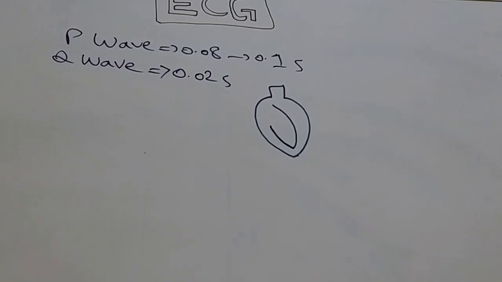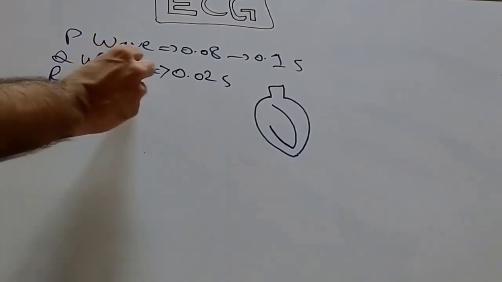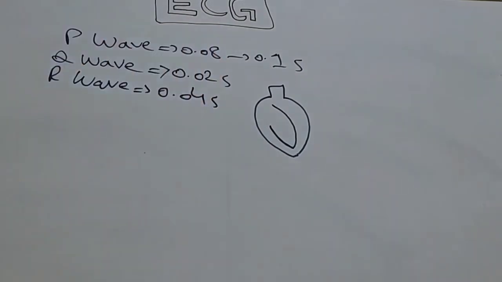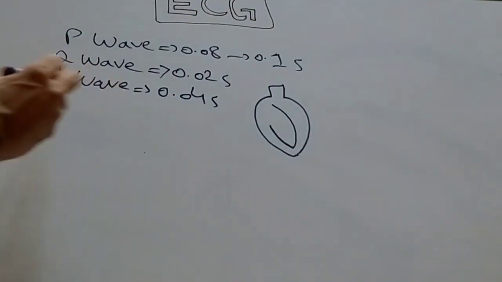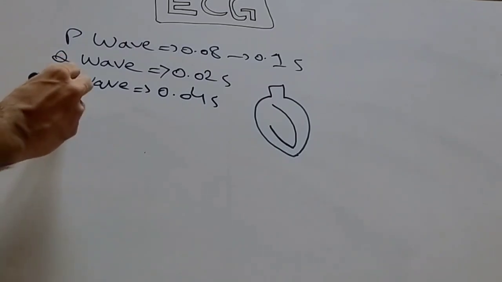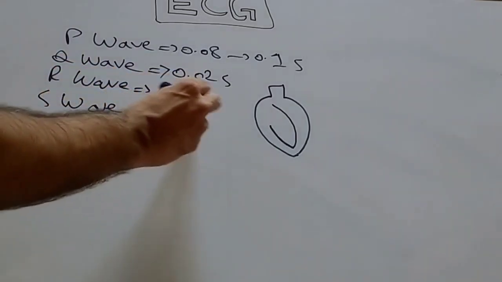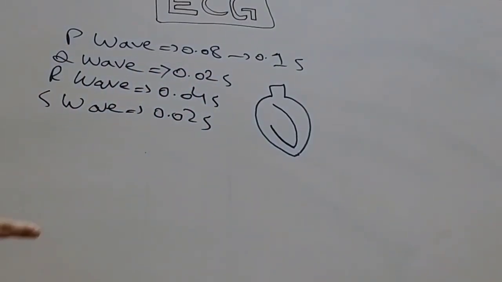After Q wave, R wave appears. So duration of R wave is 0.04 seconds. So R wave shows the excitation of the apex of the ventricles. Furthermore, we have the S wave, whose duration is 0.02 seconds, and it shows the excitation of the base of the ventricles.